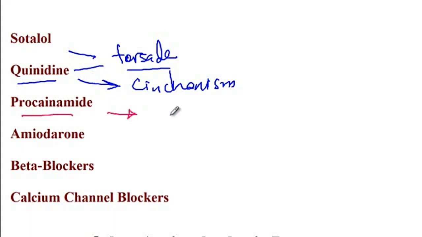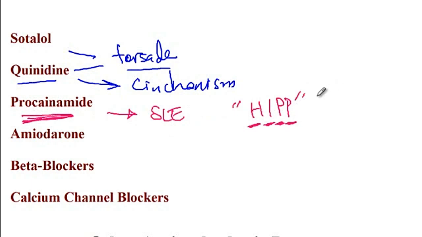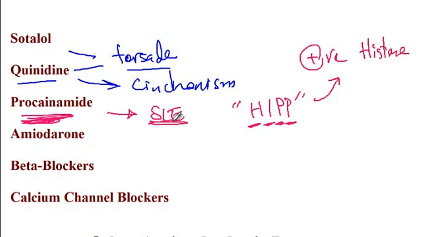Procainamide is associated with drug-induced SLE-like symptoms. So as a reminder, medications that can cause drug-induced lupus include hydralazine, isoniazid, procainamide, as well as phenytoin. And in these patients, they are positive for anti-histone antibody. So procainamide can cause SLE-like symptoms.